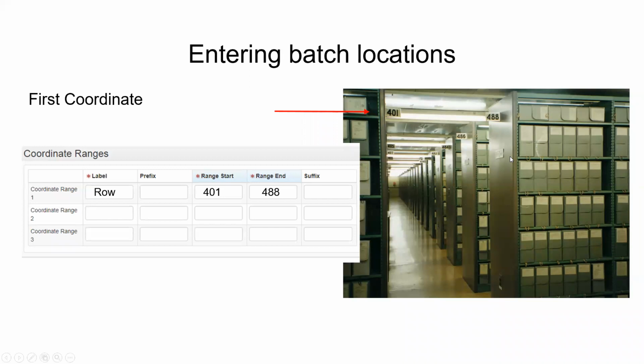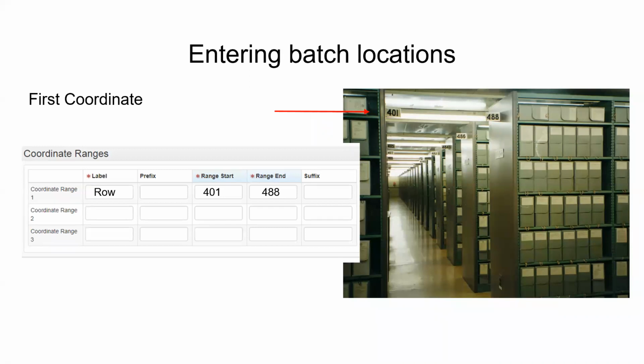And how you number them is up to you. So 488 here, for example, some places might say one side is 487, and one side is 488. Other places might say this entire block of shelving is 488, and columns 1 through 5 are on one side and the next 5, or 6 through 10, on the other.